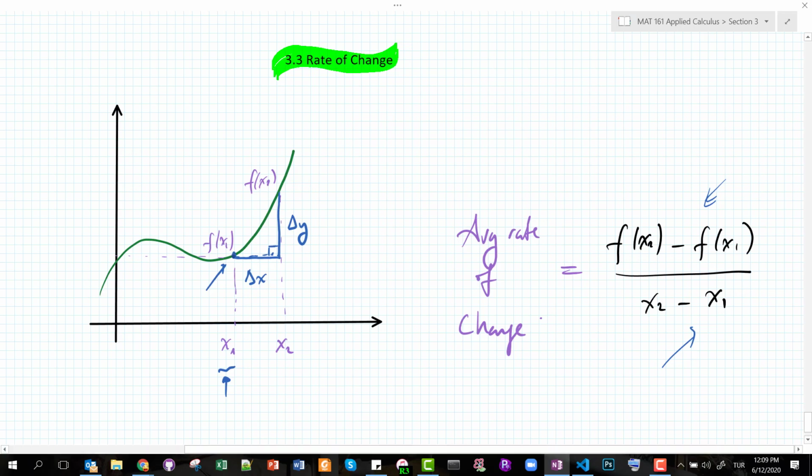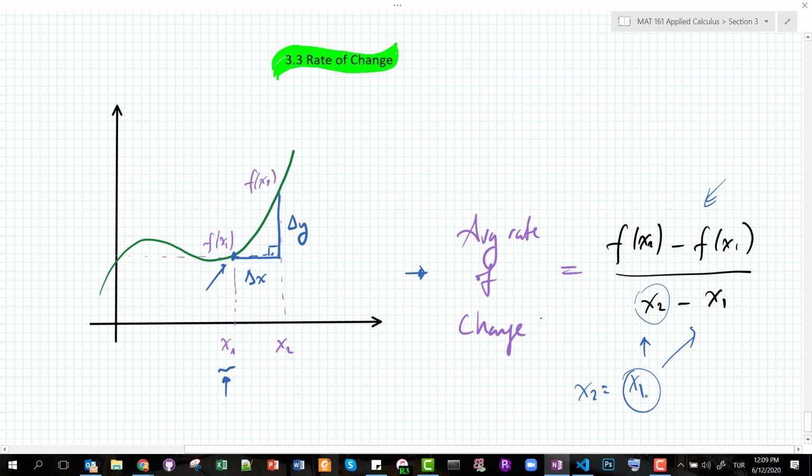If this is the change formula, there is no other change formula I can use. To know the change at that value, I put x1 into this formula. Since this is the rate of change formula, if I want to know the change at the x1 value, I assume x2 is equal to x1.